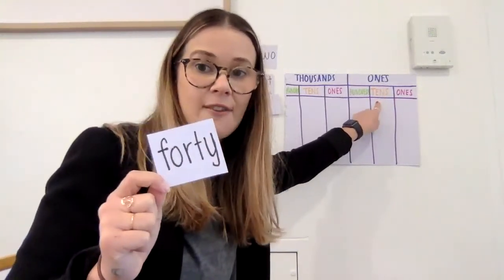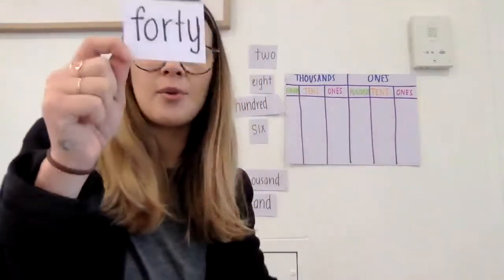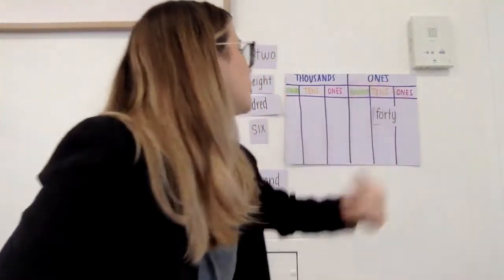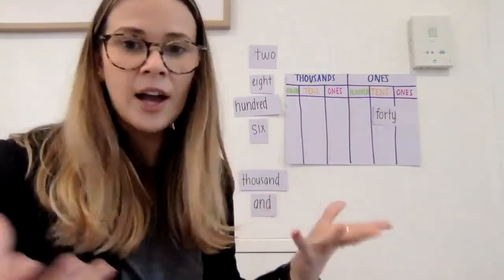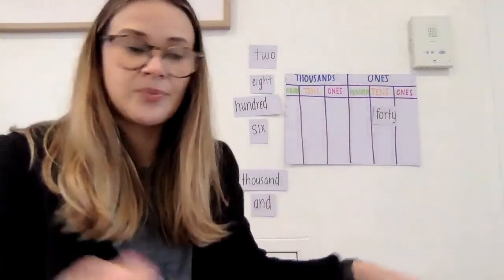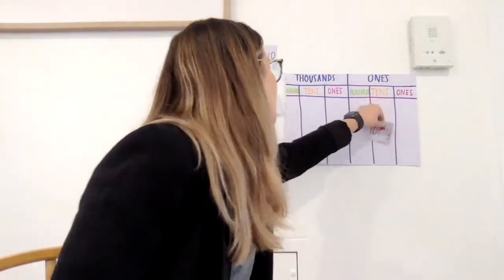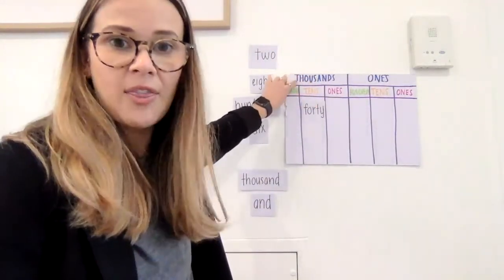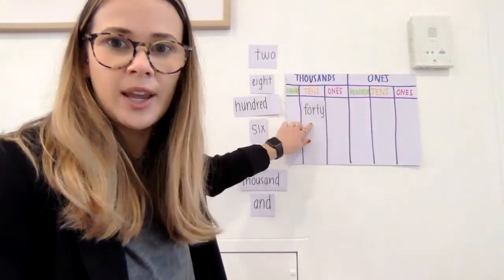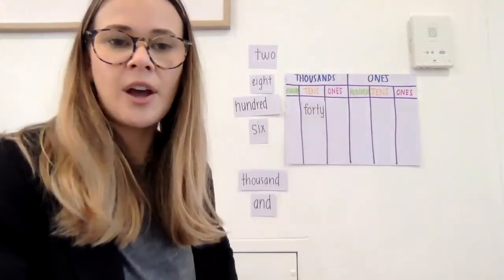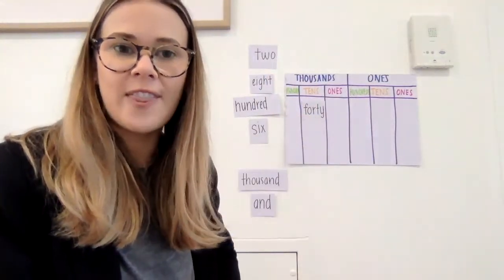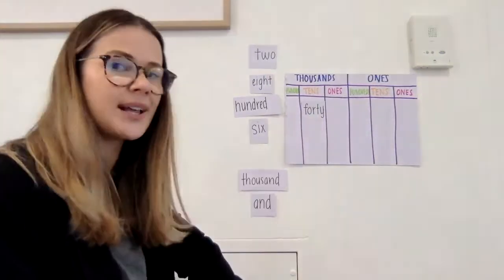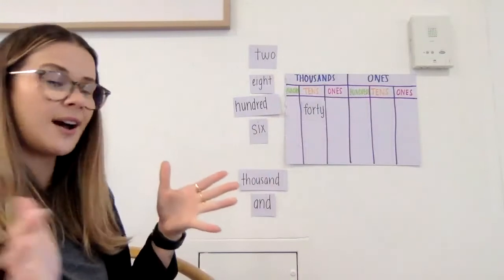Now, if I had 4 lots of 10, it would be 40. So if I put the word 40 there, the value is 40, isn't it? However, if I moved up into my thousands period, that has now become 40,000. So think about that in terms of place value, which one is larger.